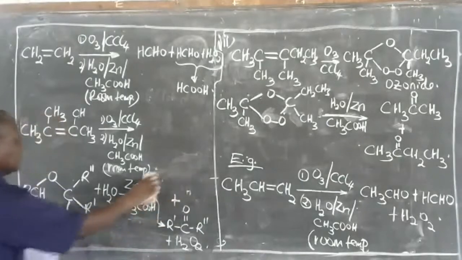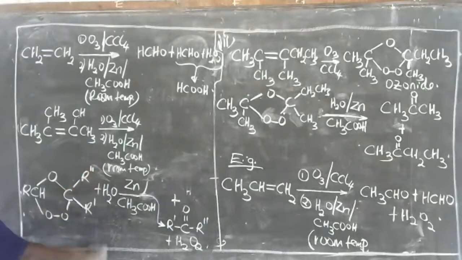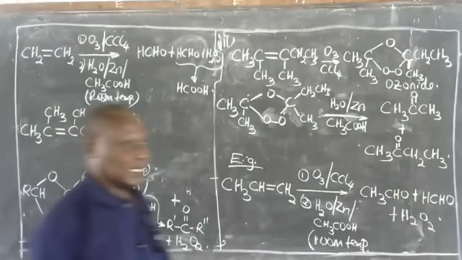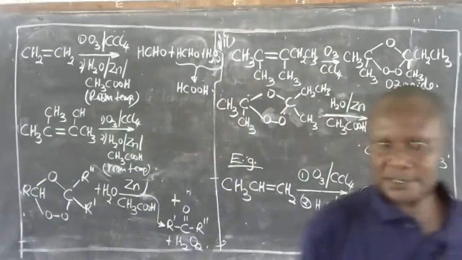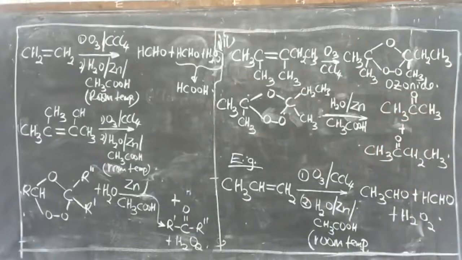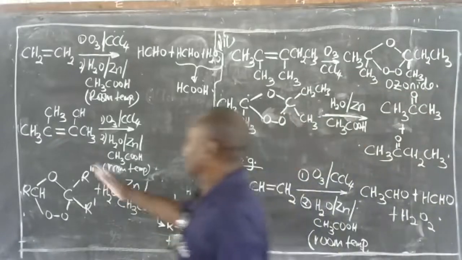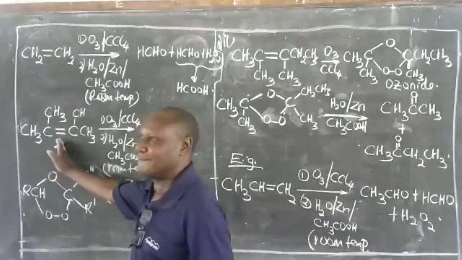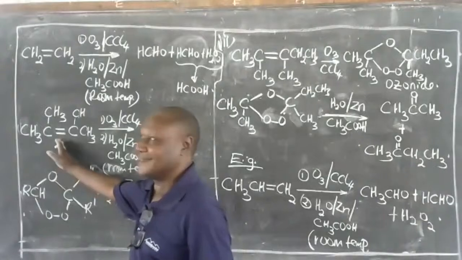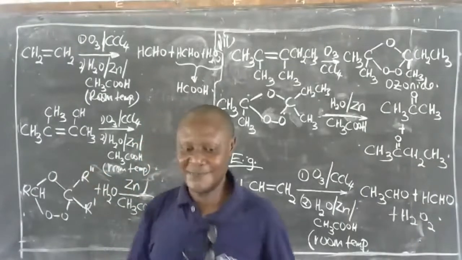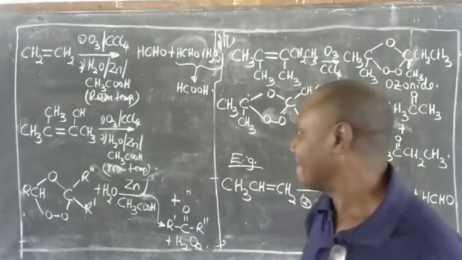We have summarized that. What will be the product there? You remember that with organic chemistry, you are interested in the major organic product. So in this case, you are going to get what? Teacher, the carbon after the double bond.